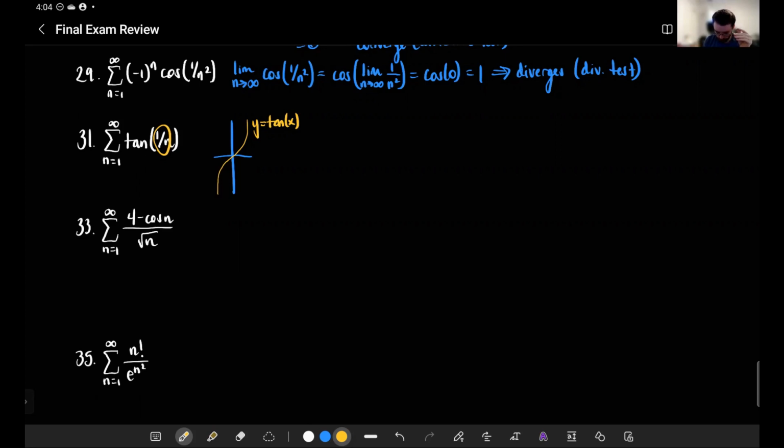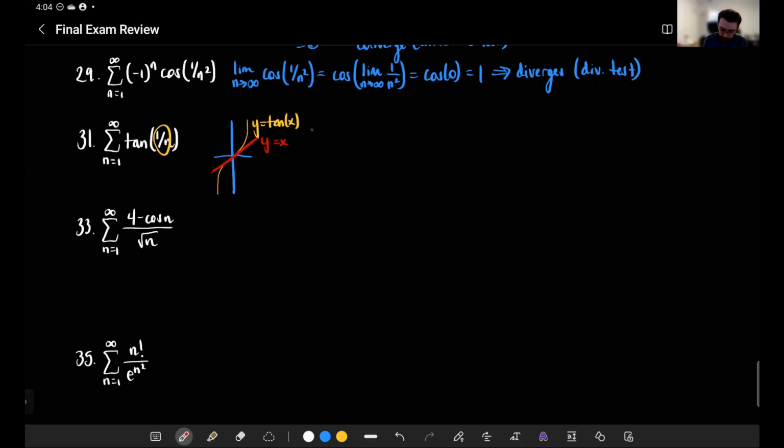One really nice thing about the tangent function is that if you're plugging in small values, close to 0, close to the origin, then tangent of x actually looks like y equals x. I didn't draw it perfectly, but imagine a diagonal line with slope 1. They look really close together at the origin.